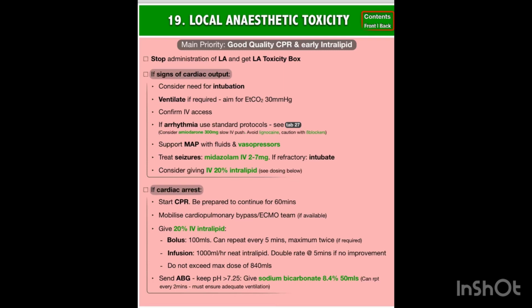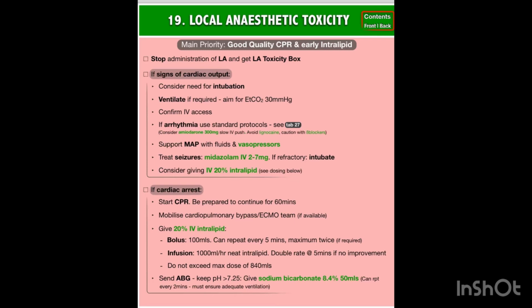Be prepared to continue for 60 minutes. Mobilize cardiopulmonary bypass or ECMO team if available. Give 20% IV Intralipid, bolus 100 ml. Can repeat every 5 minutes, maximum twice if required. Infusion 1000 ml per hour of Intralipid. Double the rate at 5 minutes if no improvement.